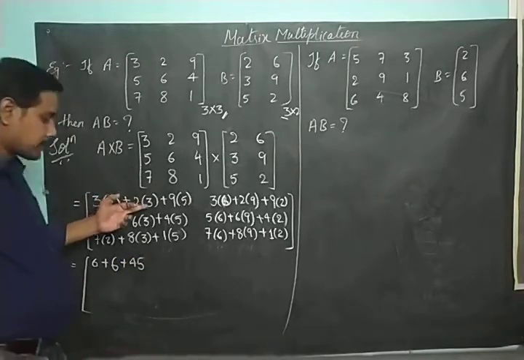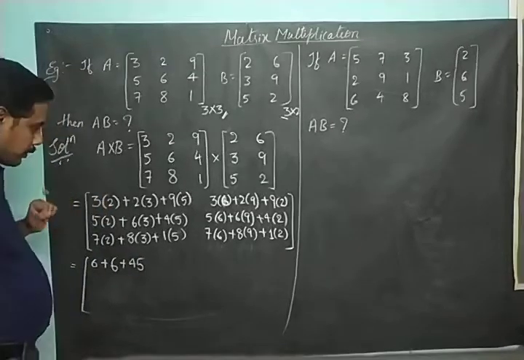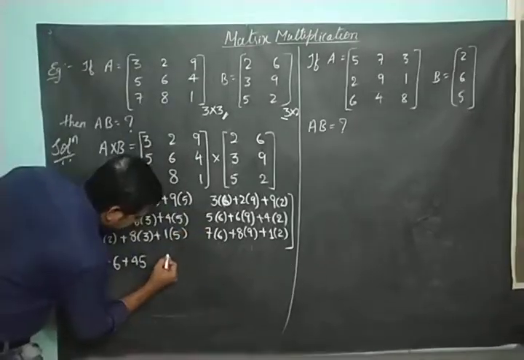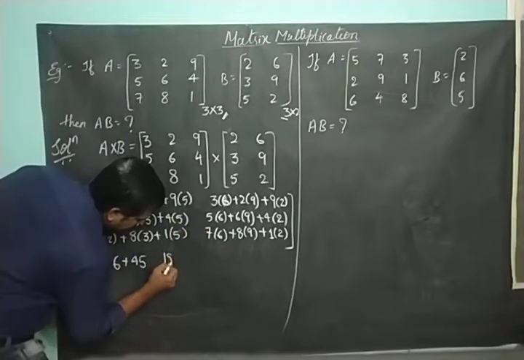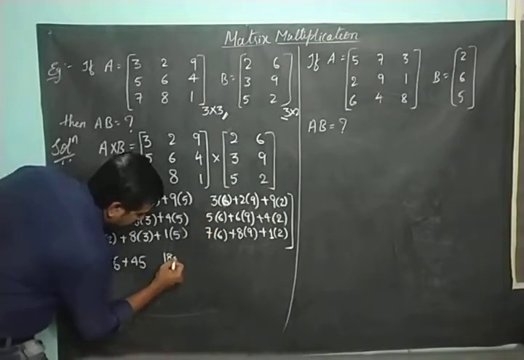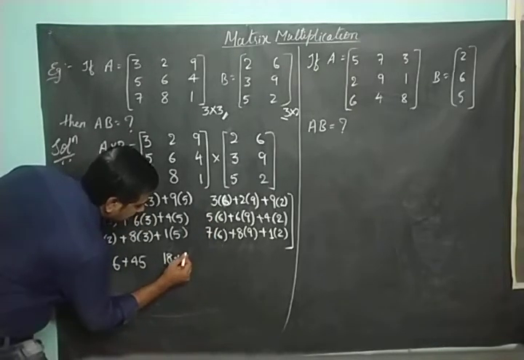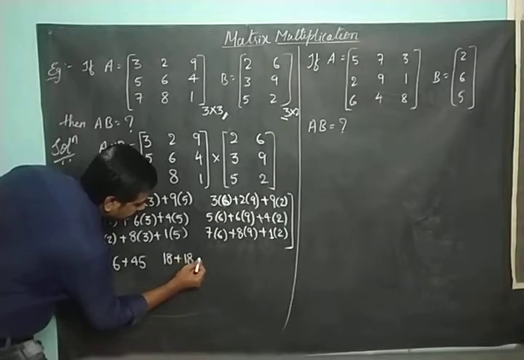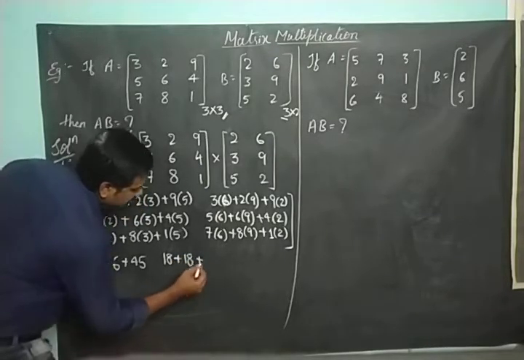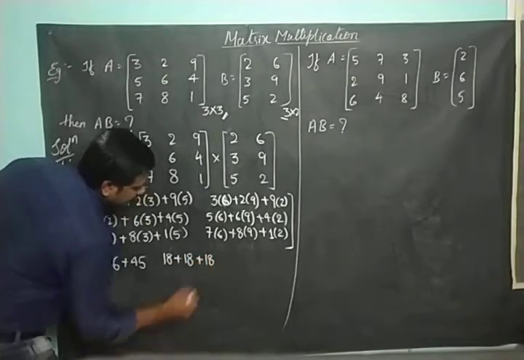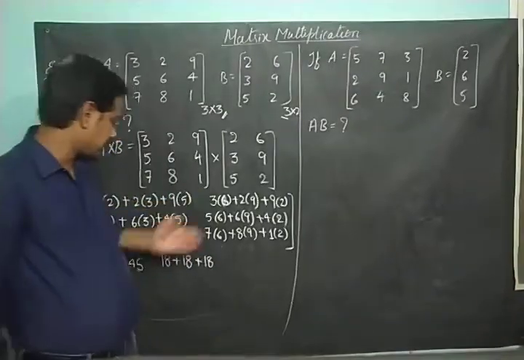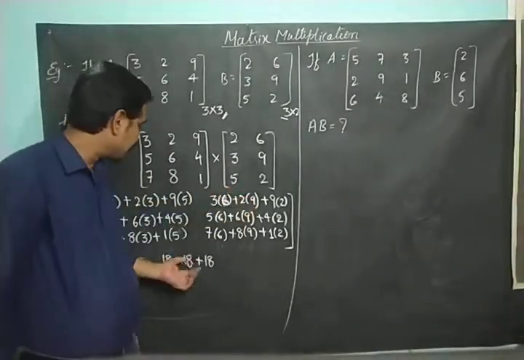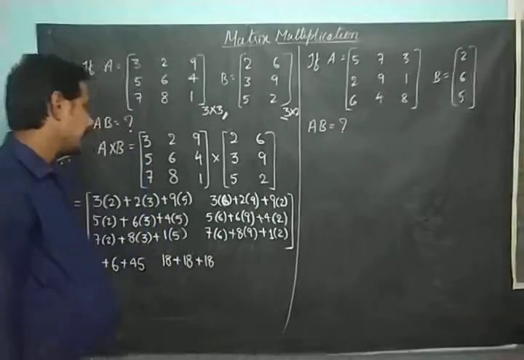Next, 3 into 6 is 18, 2 into 9 is 18, 9 into 2 is 18.